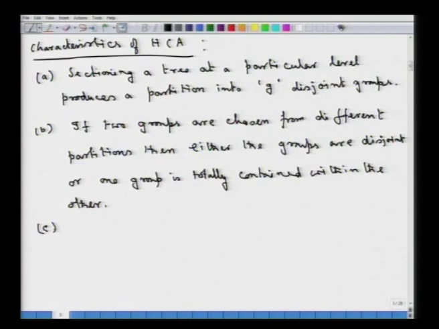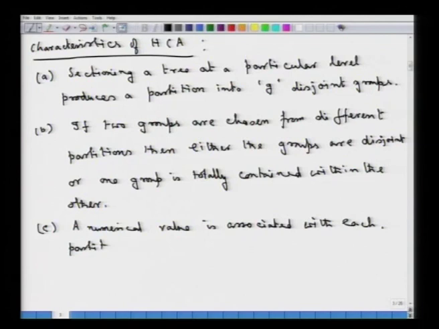Now there are other characteristics which are easy to understand. I will just write that a numerical value is associated with each partition up the tree. So the structure is the tree structure up the tree where branches join together.